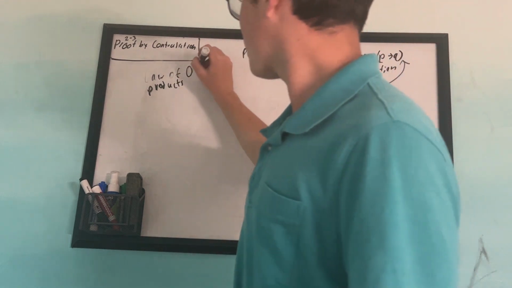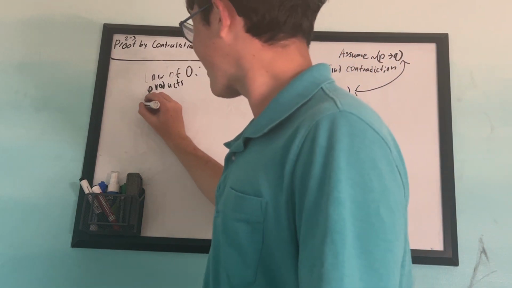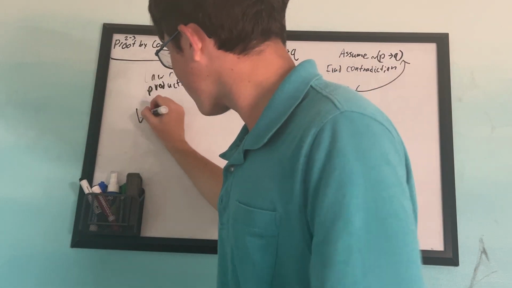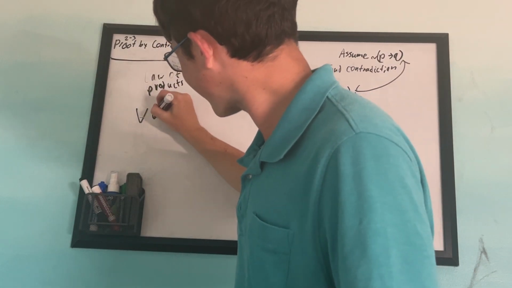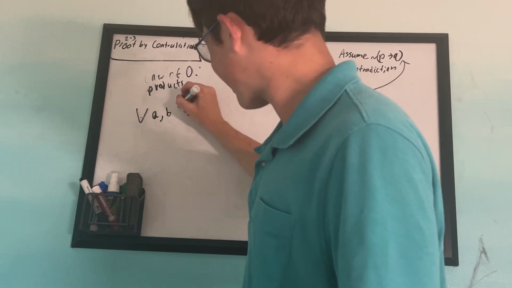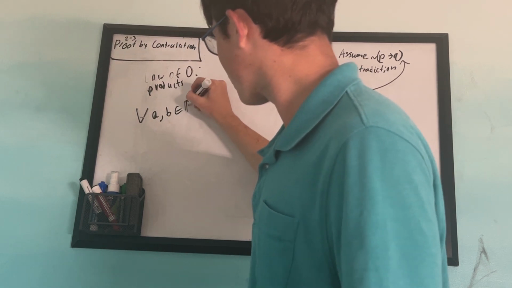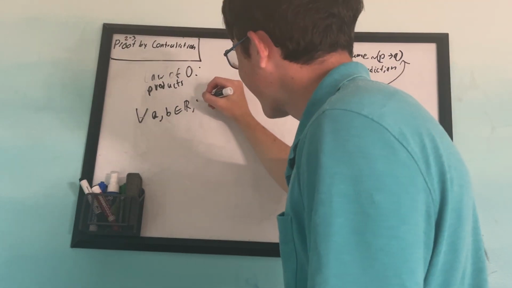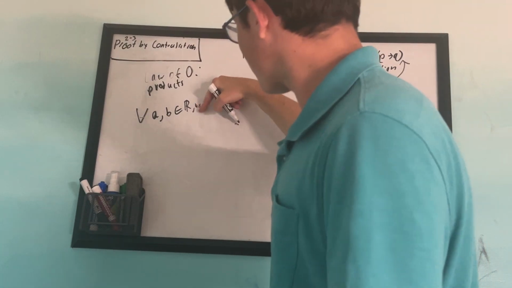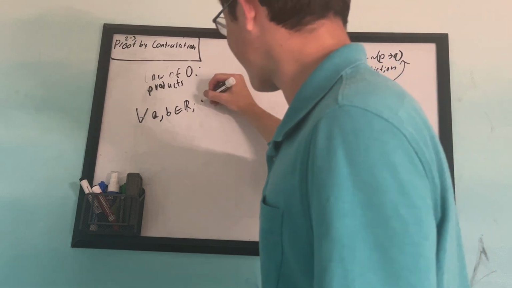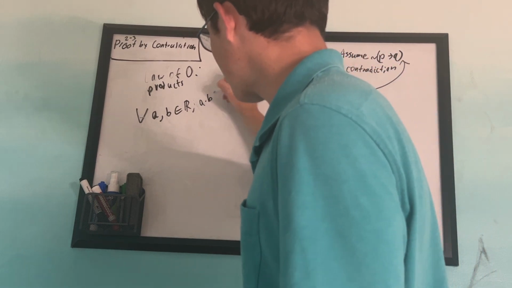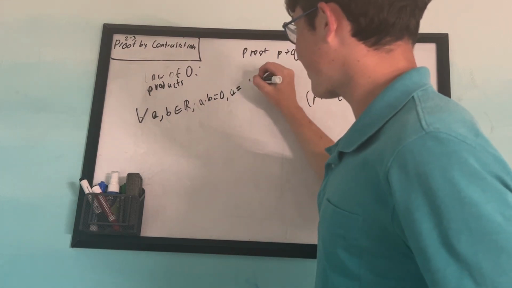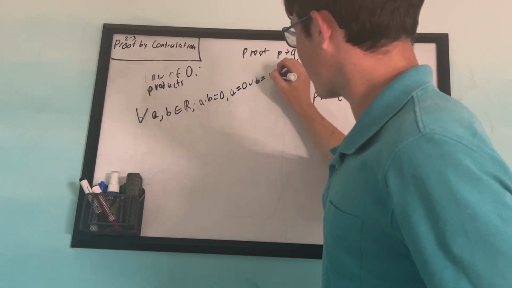And what this states is that for all the real numbers, A or B that are real, when A times B equals 0, A equals 0 or B equals 0.